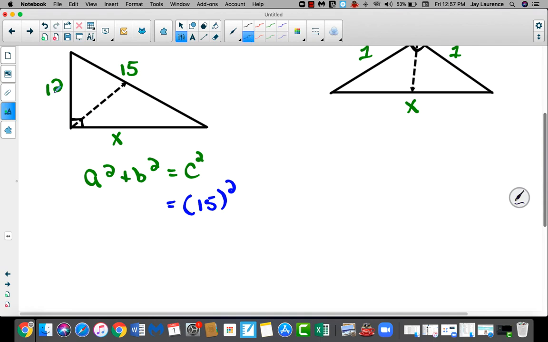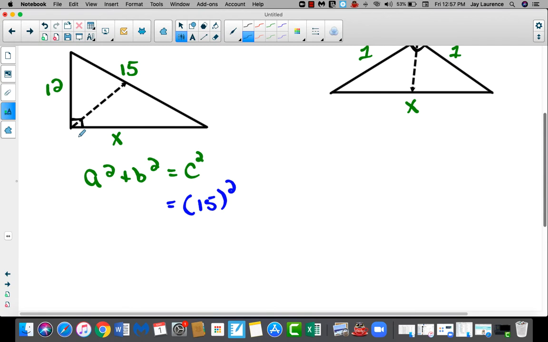Now, some of you might be saying, well, which side is a, 12 or x? That doesn't matter, because I'm going to square both these numbers and add them together, and addition is commutative. So it doesn't matter if it says 12 squared plus x squared or x squared plus 12. My personal preference is to put the variable first if possible, but mathematically it makes no difference.